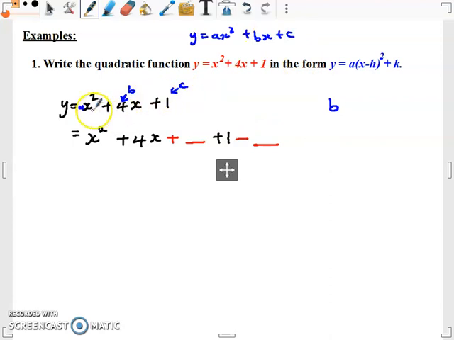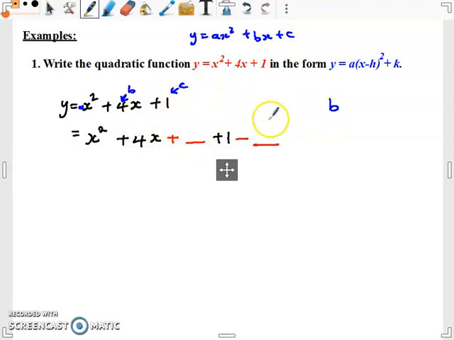The coefficient for the x squared term is a, the coefficient for the x term is b, and c is the constant.